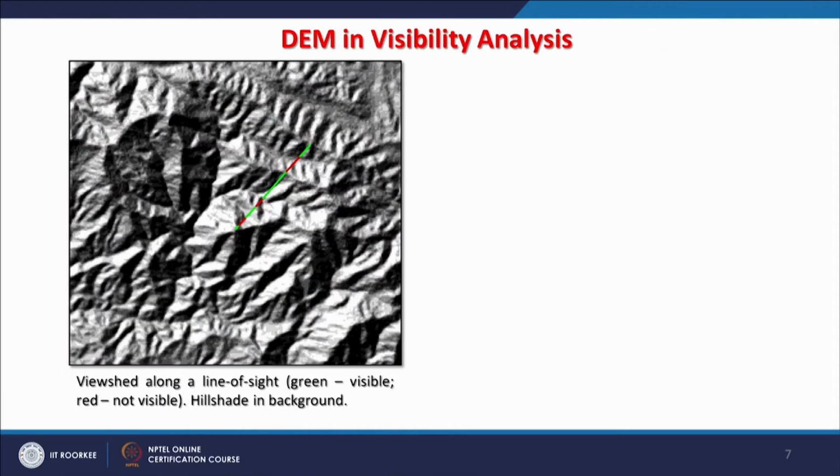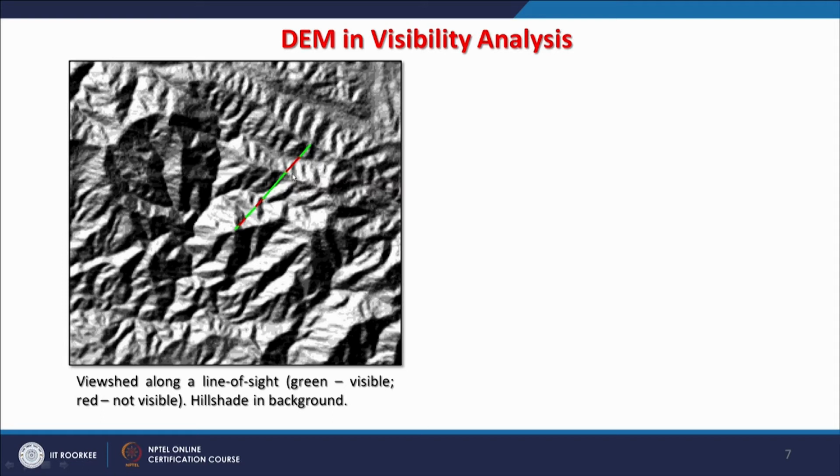This is the example of Viewshed analysis along a line, a line of sight you can say, on the same DEM which we have been using in this course, the example DEM. If a person is standing here and the line of sight has been drawn like this, then the green areas are the parts of the terrain which would be visible.